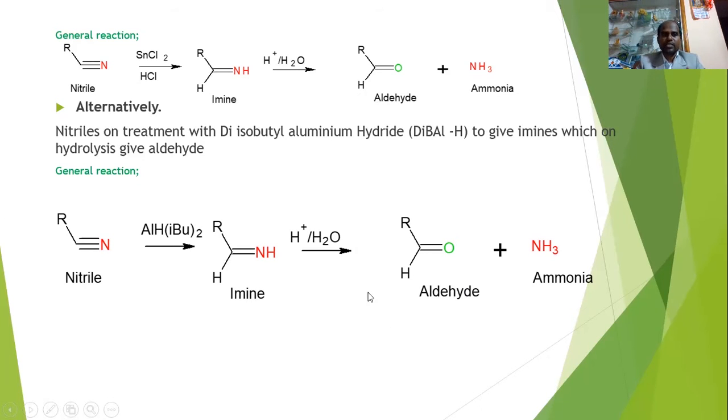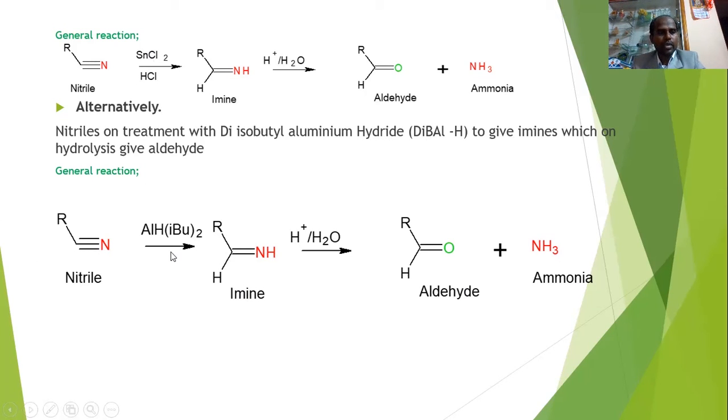That means instead of stannous chloride, one can also take diisobutyl aluminum hydride. This also reduces a triple bond to a double bond. Triple bond one is nitrile, double bond one is called imine. So this on hydrolysis gives aldehyde. This is one more method of preparation of aldehyde starting with nitrile.